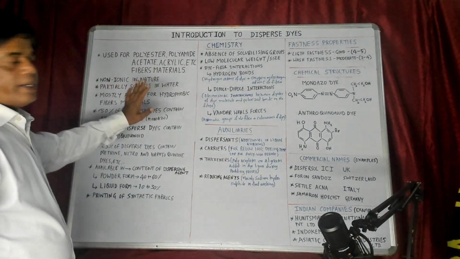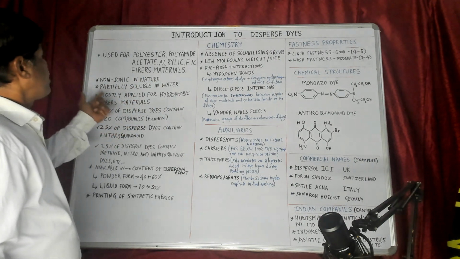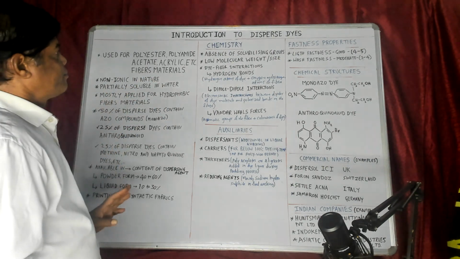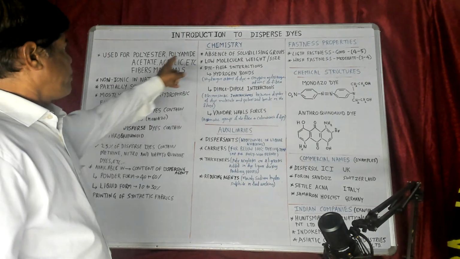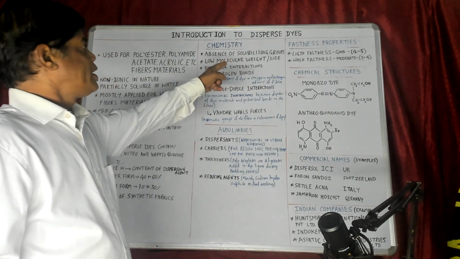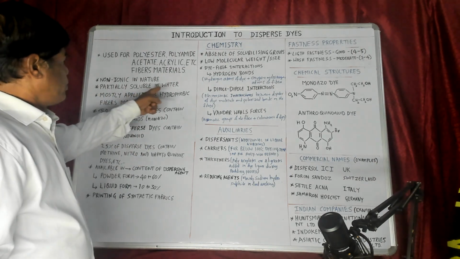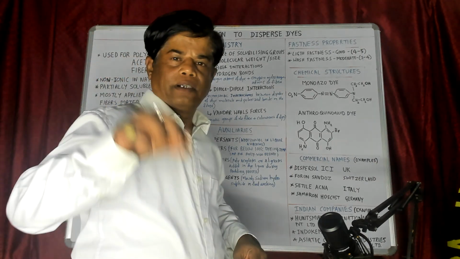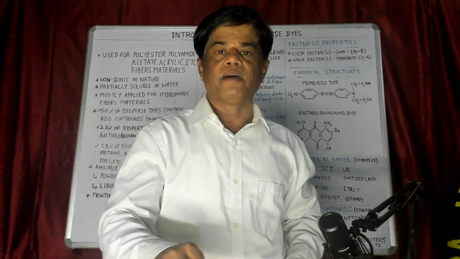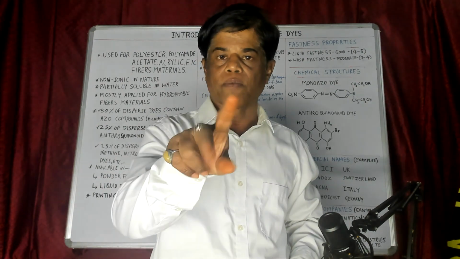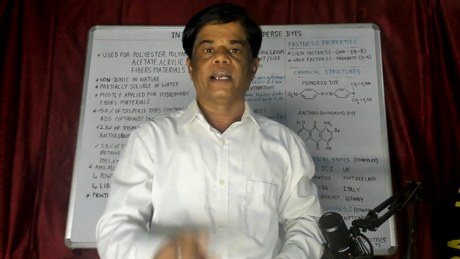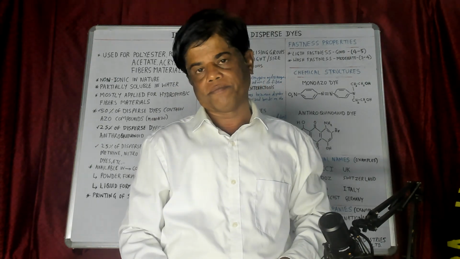See, this is one. Second point, partially soluble in water. Here I am noting the absence of solubilizing groups. These are the two points. The disperse dyes available in the market come in two forms, one in powder form and second in liquid form.